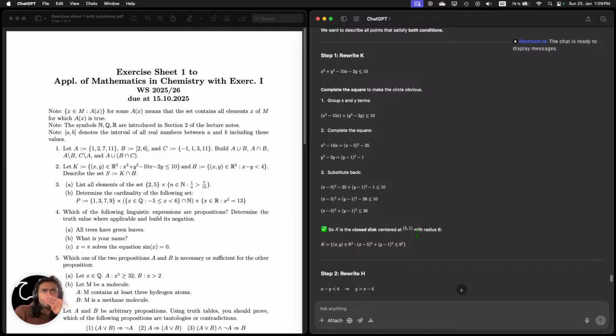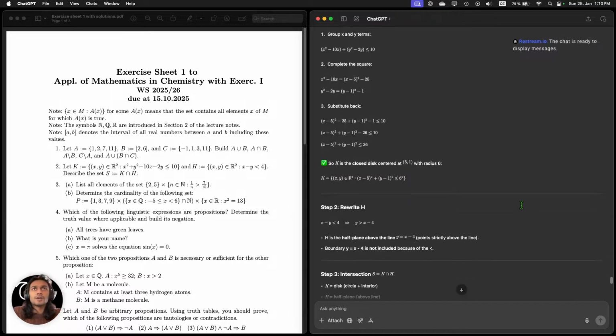That is the square of the radius. Okay, now I'm starting to get something. Rewrite h.